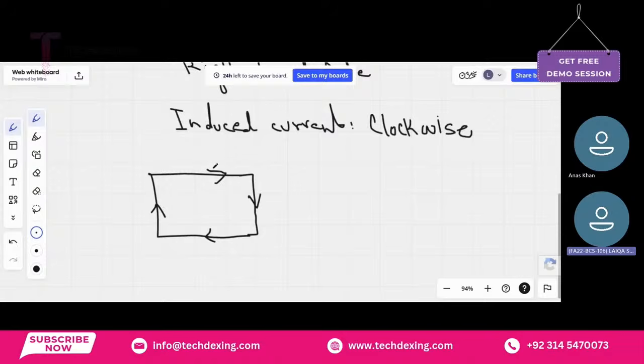You can see this arrow is pointing towards the right. So in the top wire, it is moving from left to right, like this. Clear?